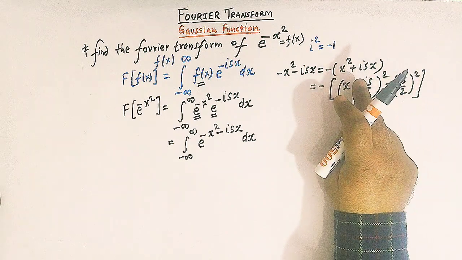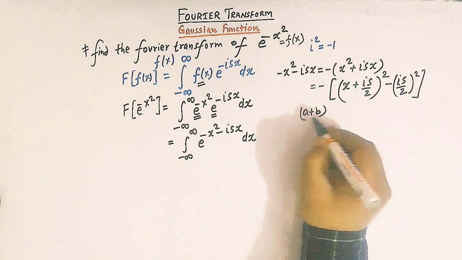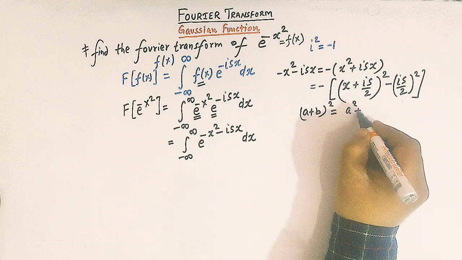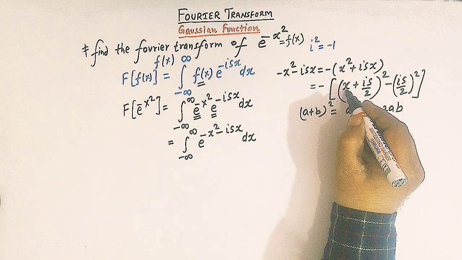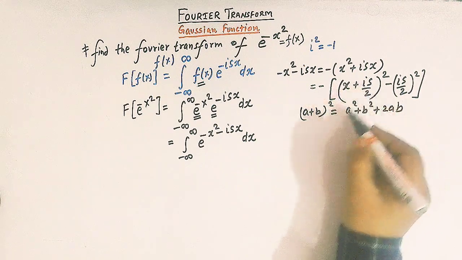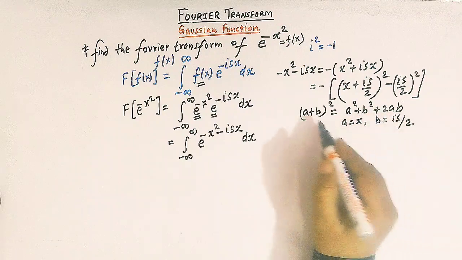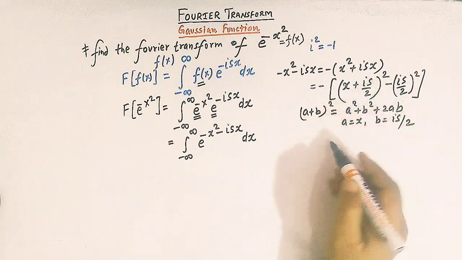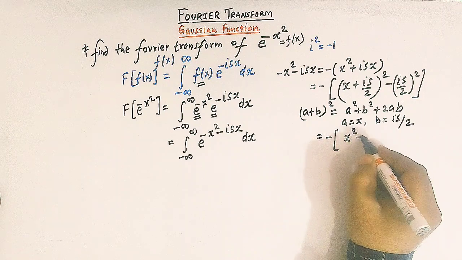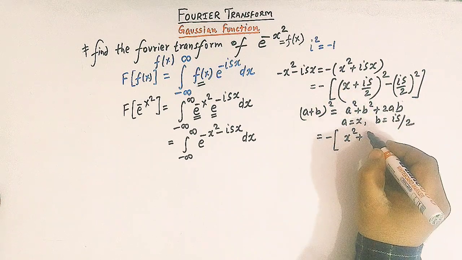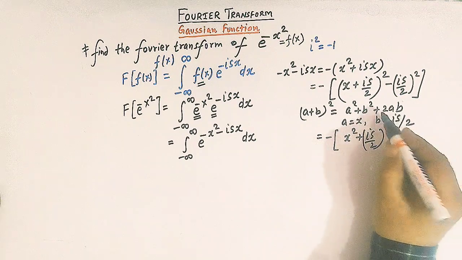So here what we have done, see, we have used this identity, that is a plus b whole square is a square plus b square plus 2ab, right? Now a is x and b is is over 2, right? So b is is over 2. So when we expand this term, then we can easily have here x square, then we have b square, that is is over 2 whole square, then we have 2ab.